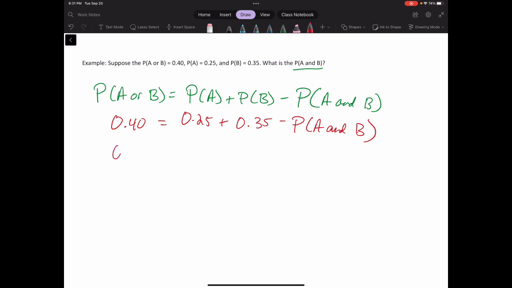So to do so, on the right-hand side of my equation, I'm just going to take 0.25 and add to it 0.35, and that's going to give me 0.60 minus the probability of A and B. Okay. Next, I'm going to add my probability of A and B to both sides of my equation.